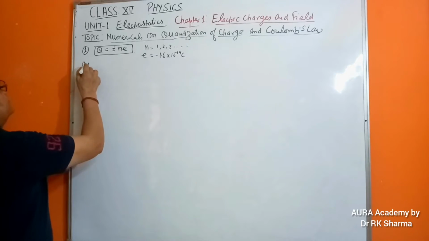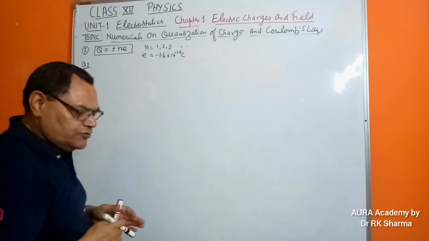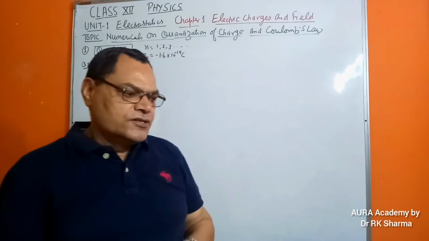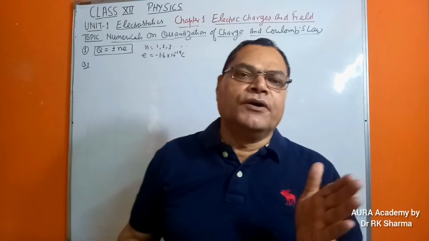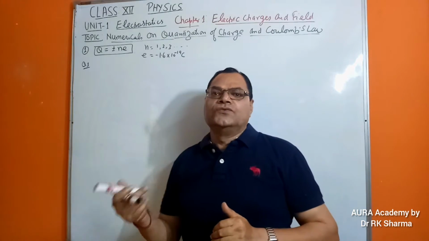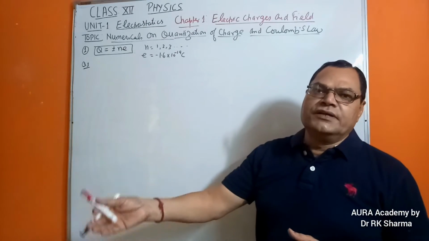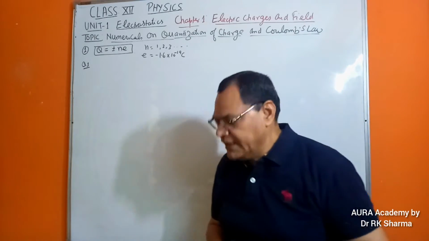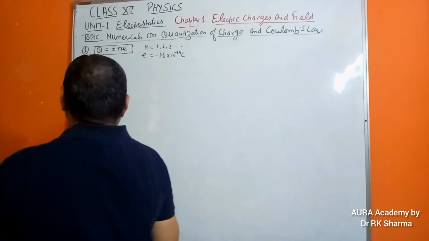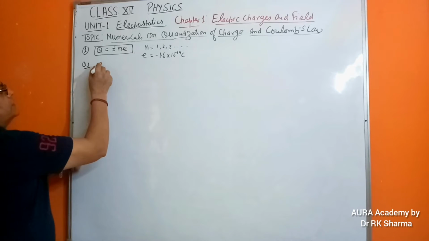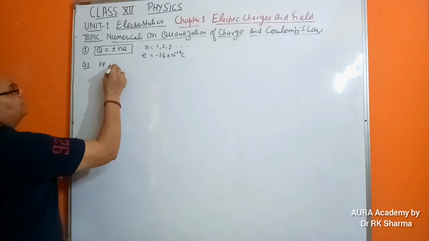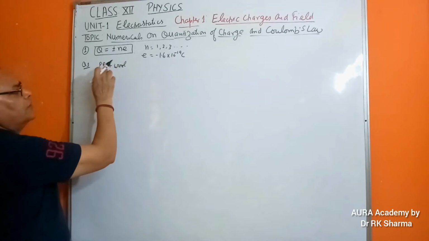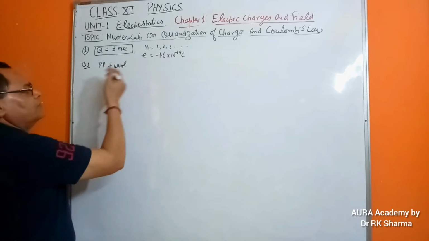Question number 1. As you know, when we rub two objects, there is a possibility of transfer of charge. The question says, when a polythene piece is rubbed with wool, the wool transfers electrons to the polythene piece.